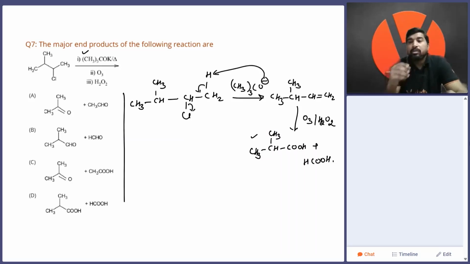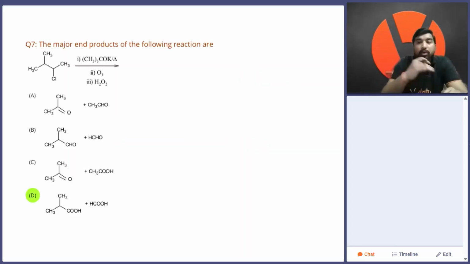That should be the product, because first it will form the aldehyde, then H2O2 will further oxidize the aldehyde formed on ozonolysis. So which should be the right option? Right option should be D, because in the last case there is an oxidative ozonolysis. Now we're going to cross check the answer. Definitely D is the right answer.